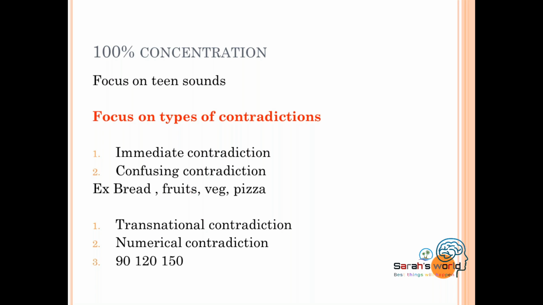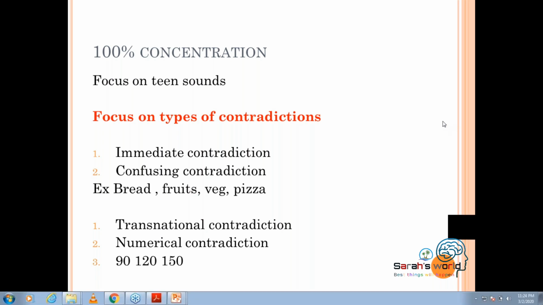And the next one is focus on the types of contradictions. For example, the question is asked: wake up call at dash today. And the conversation starts. Okay, Jim. Okay, sir, at what time do you want to wake up? If you can wake me up at 7 o'clock, it's fine.